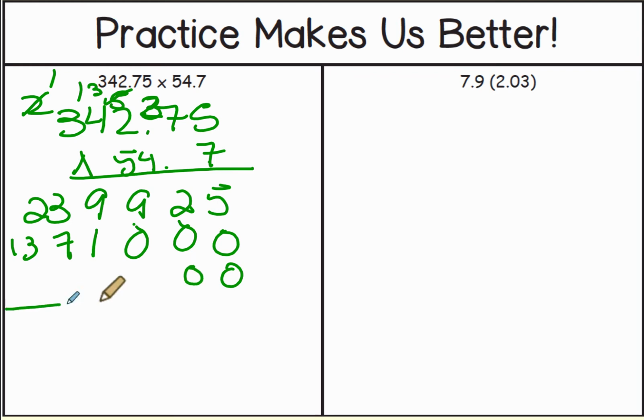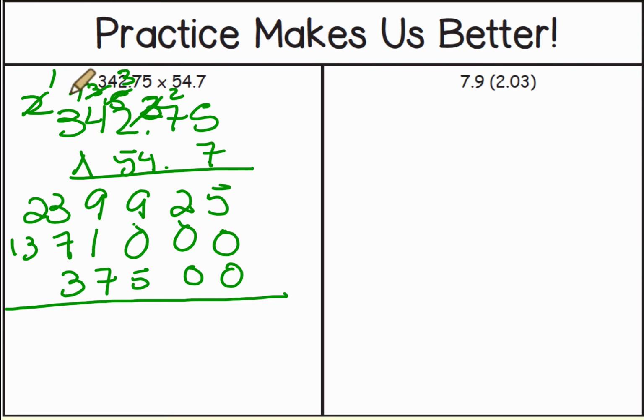And did you remember on that third line to start with 2 zeros? So 5 times 5 is 25. 5 times 7 is 35, and 2 is 37. 5 times 2 is 10. 10 and 3 is 13.